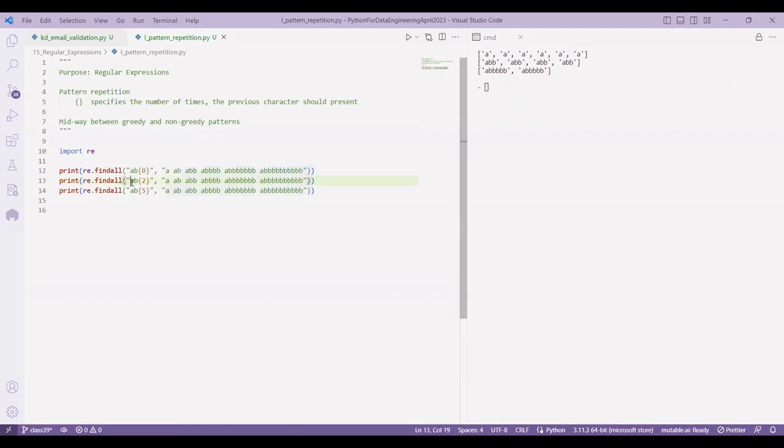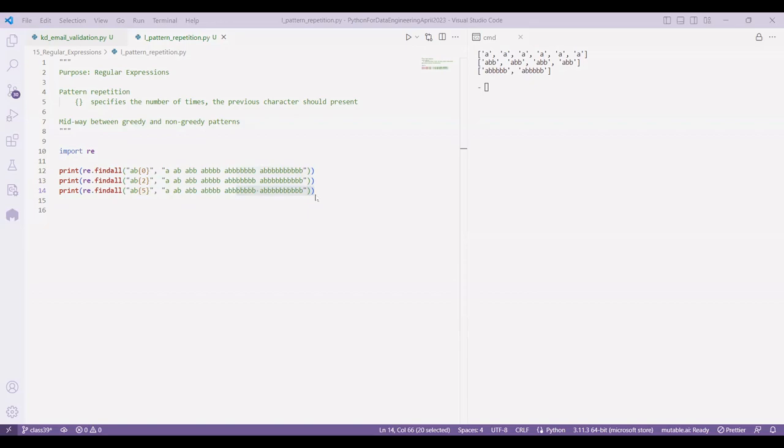Similarly, in the second case, I said A should be there, followed by B at minimum 2 times. So the first two will not match, but from the third onwards it will, because A is there and B 2 times. So here also A is there, B 2 times. So I told A should be there and B 5 times, so only the last two match. You got it. So like that you can specify.